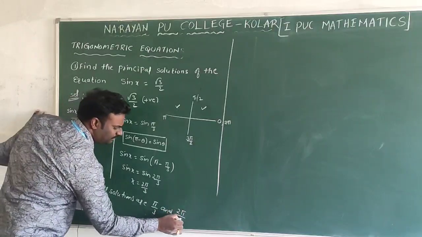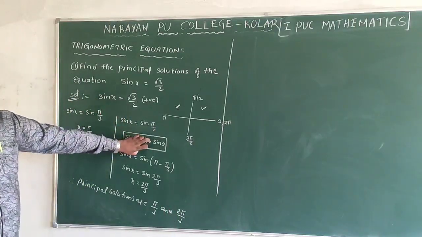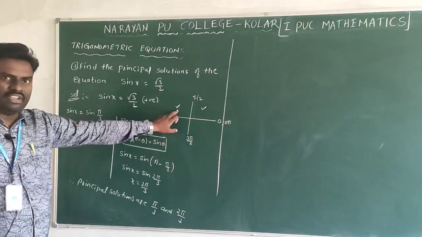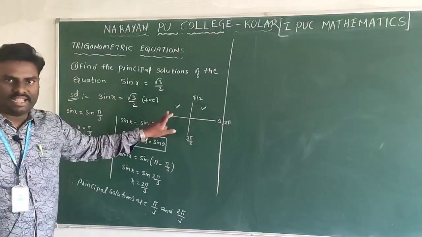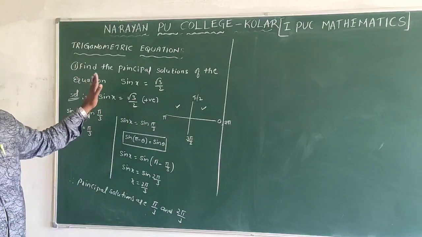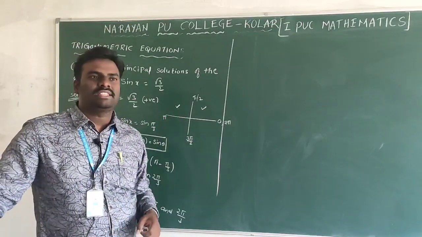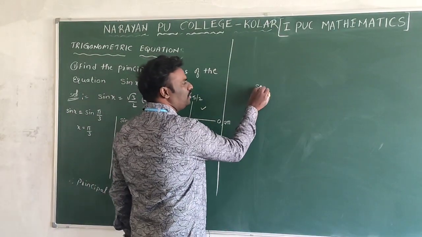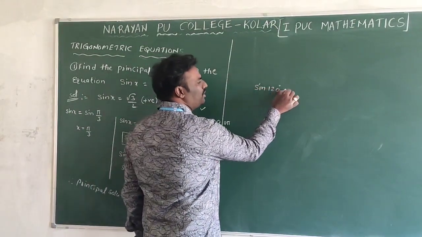Here one more thing: if you don't know this pi plus theta, pi minus theta, you know one value between 90 and 180, directly you can take. For example, what is the value of sin 120? You do it. Sin 120, what will you write?